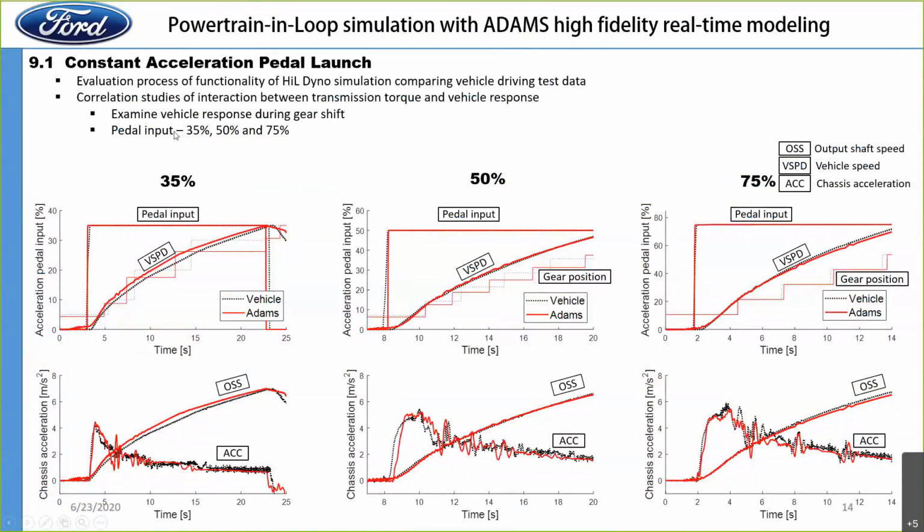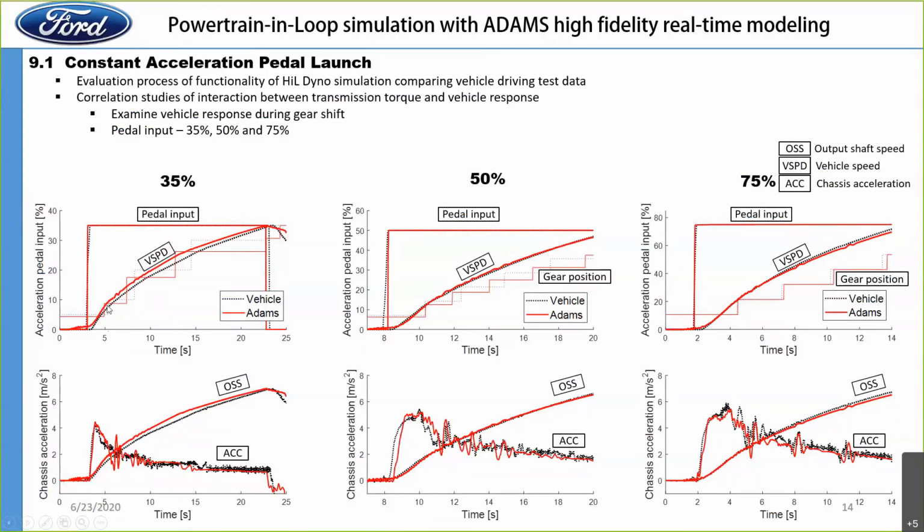Here is some of the traditional correlation we achieved. The dotted line is the vehicle, and the solid red line is the Adams hardware-in-the-loop simulation.